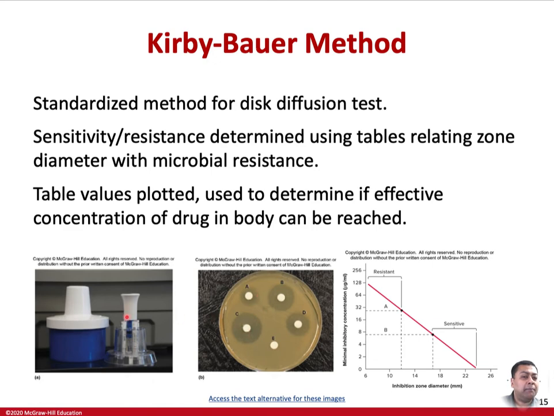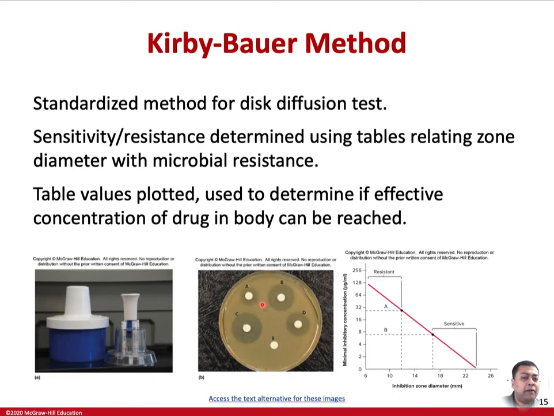Now, this is an applicator where you have five of these discs, 1, 2, 3, 4, 5, which are loaded with different antibiotics at different concentrations. You put this on top of the plate and press the plunger, and these discs will be put onto the agar plate. Now you allow them to grow for 24 or 48 hours. And then what you see in this particular plate is that around this one, there is no zone of inhibition.